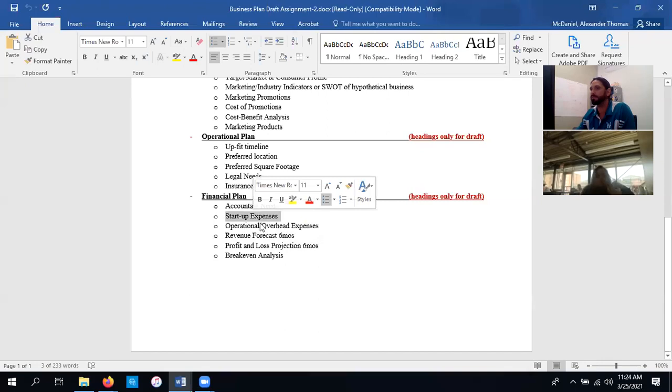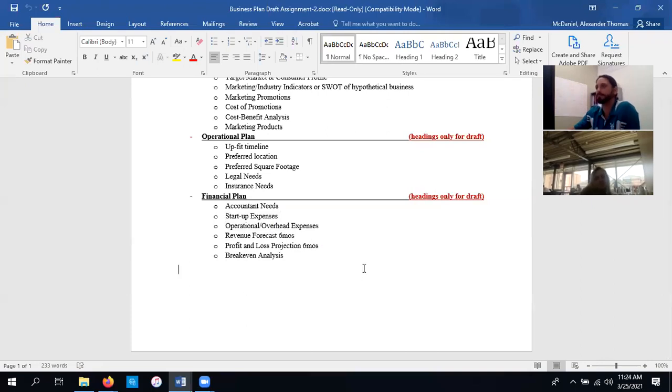So this plus this minus this gives you your profit loss projection for your first 6 months. And then you have to come up with your break-even analysis. All that is what do you need to make here to break even as compared to this? Does that make any sense? Does that make sense?